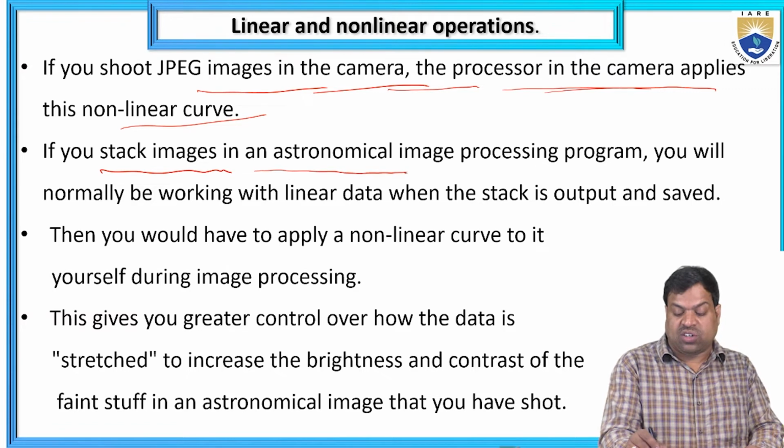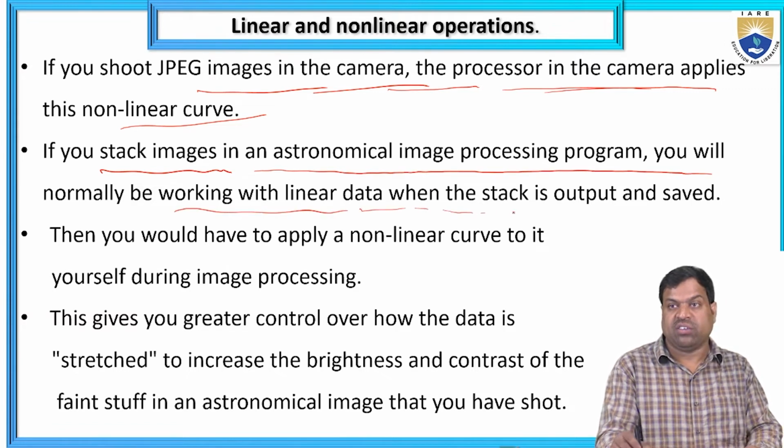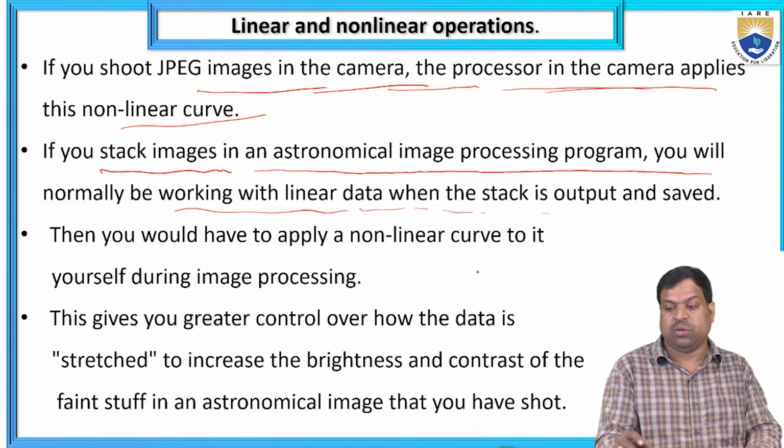In astronomical image processing programs, you will normally be working with linear data. When the stack output is saved, we have to apply the non-linear curve to it ourselves during image processing.